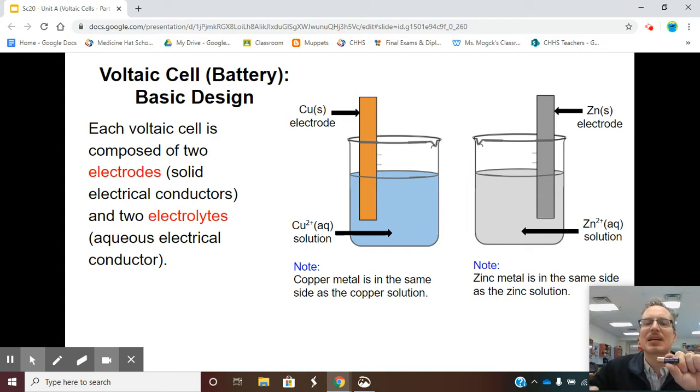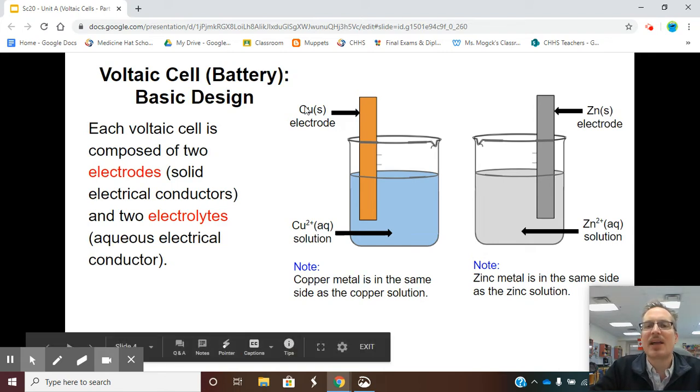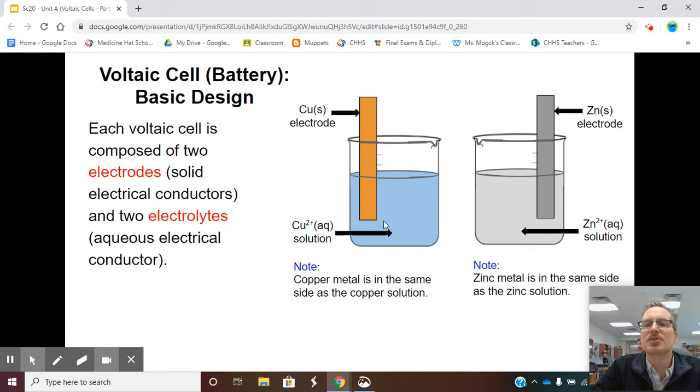So it's got to be able to conduct electricity. So in the example I have on my screen, I have a copper electrode, piece of copper, in a copper 2 solution. Copper 2 nitrate, copper 2 sulfate. Again, if we remember, the nitrate and the sulfate, they're not going to matter. They're not the thing gaining or losing electrons. They're spectator ions, so we're going to ignore them for right now.